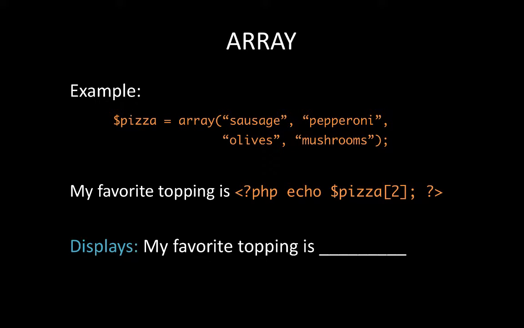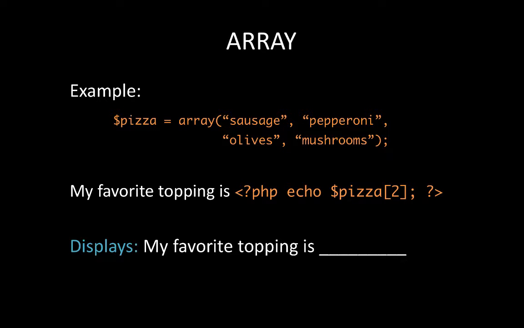So for an example, in an array, we have the variable $pizza equals. Now you're going to see the word array. This is what indicates that there's going to be multiple values, and they're held together between parentheses and separated by commas.